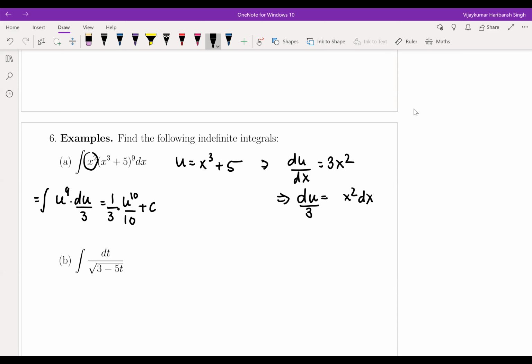Now, this is a temporary substitution. We re-substitute back what your u is, which is x cubed plus 5 to the power 10, plus c. So this is your integral. Does that make sense?